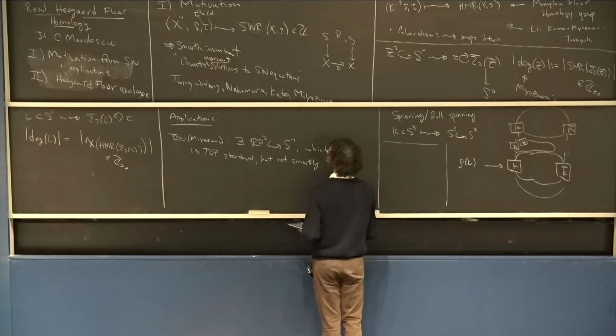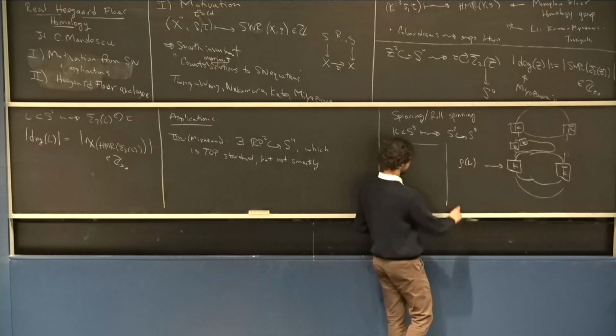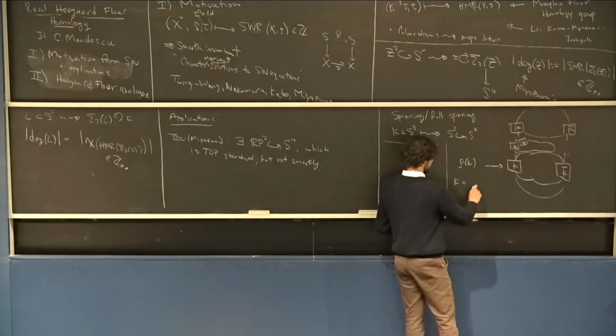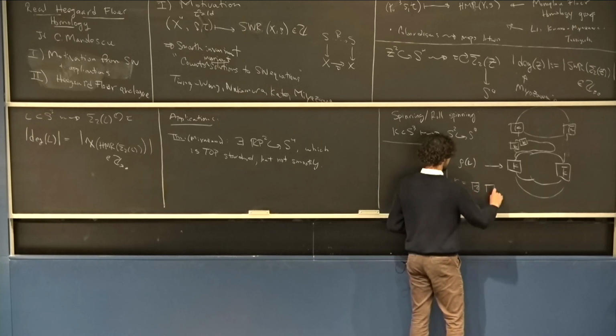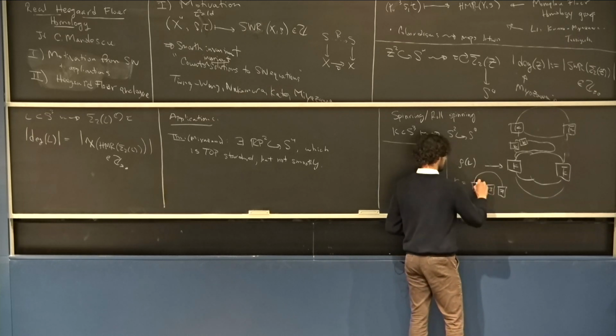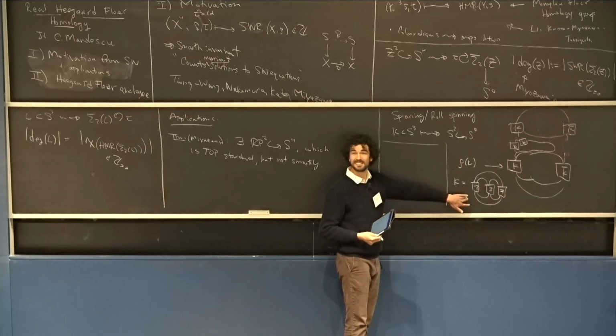Great. So Miyazawa's construction is really simple. You pick a particular knot in S3. You look at the -2, 3, 7 pretzel knot, which looks something like this, and you apply this roll spinning construction to this knot.